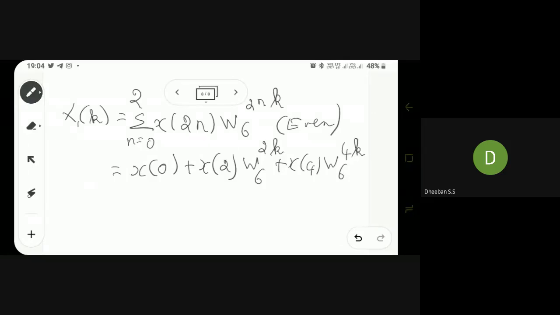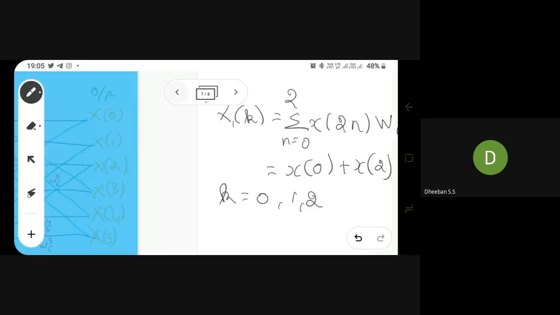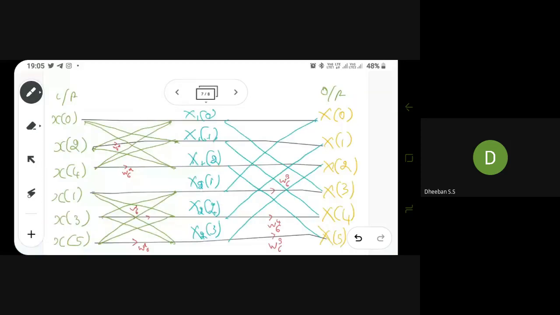And now in this you substitute the k values. K equal to 0, comma 1, comma 2. Okay, so this will be corresponding to your this stage. x1 will be corresponding to your this stage: x1 of 0, x1 of 1, x1 of 2. So you'll be getting these values.